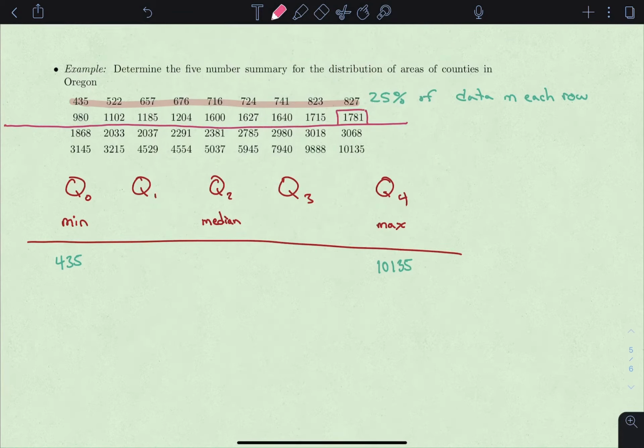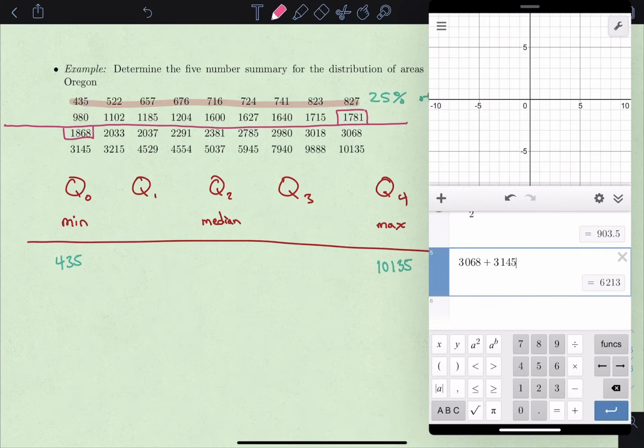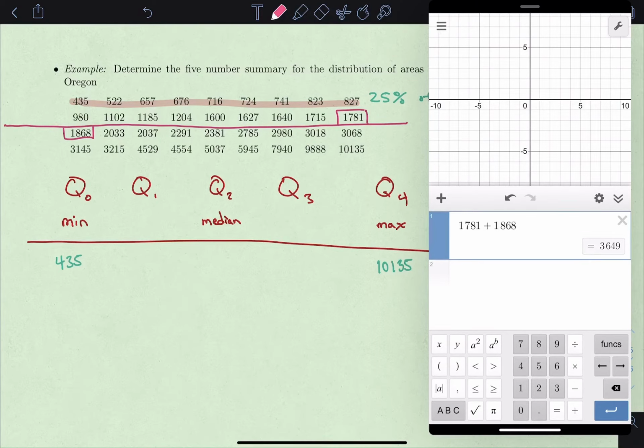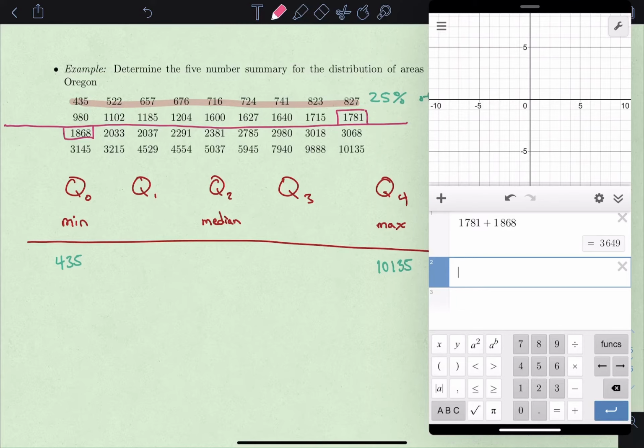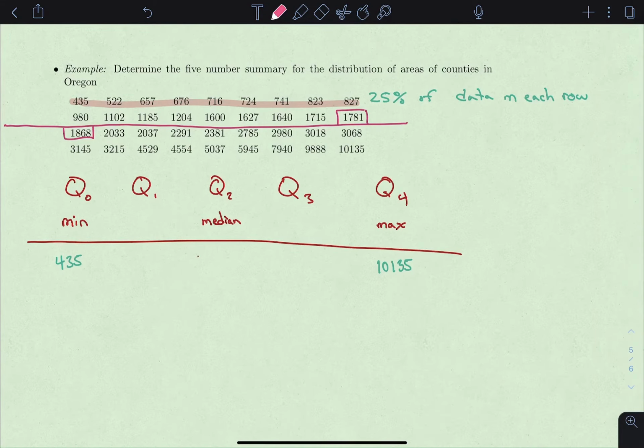We did this in a previous video, but we need a number that's between 1781 and 1868. 1781 and 1868 added together are 3,649. If we take the average of those two numbers, we divide by 2, and we have 1824.5. And again, think about what that number does: half the numbers are less and half the numbers are more.